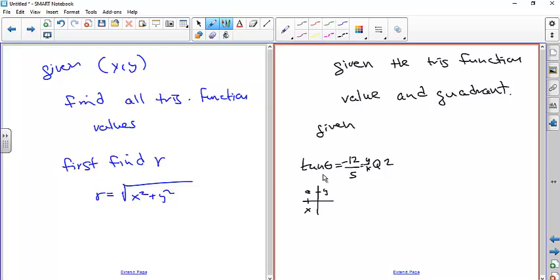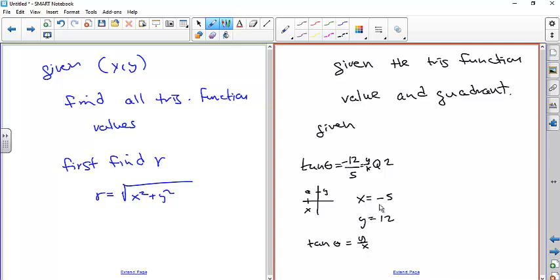So if I gave you negative 12/5, if I didn't specify the quadrant, it could be either in the second quadrant or the fourth quadrant. But I'm given the second quadrant, so I know that x has to be negative. So x equals -5, and y has to be the other sign, because the tangent of theta is y over x. So the numerator is 12, which is the y coordinate, and 5 is the x coordinate. Because of the negative sign, I don't know which one of these this goes with, but now I do.